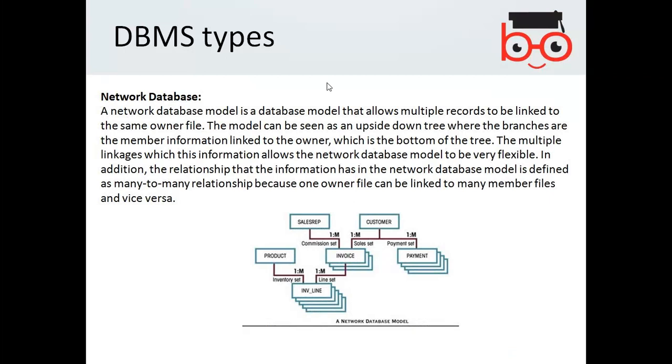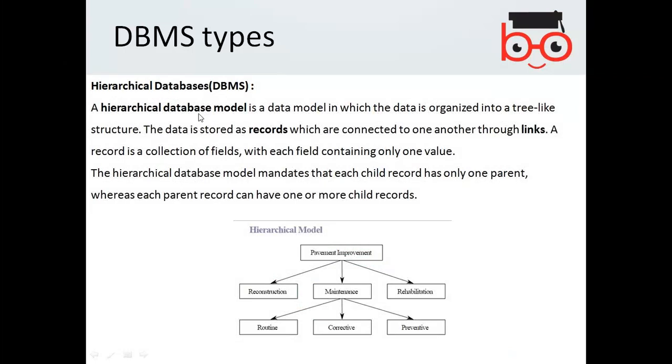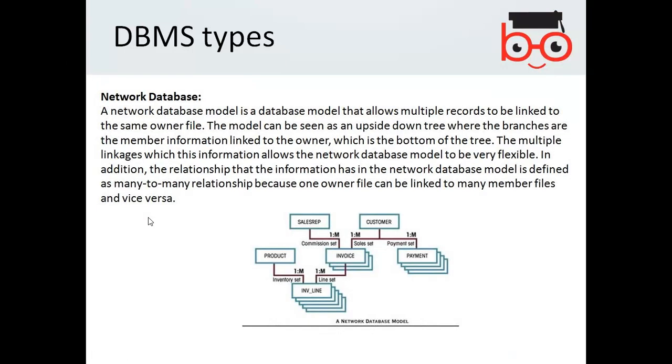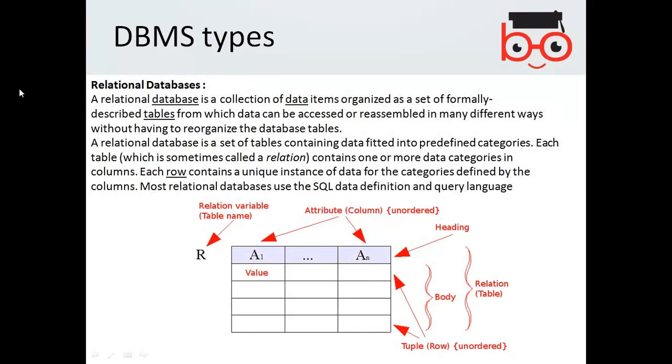For example, you could do a masters or PhD in hierarchical databases, network databases, or object-oriented databases, or take a particular course in object-oriented databases. So we will only go into detail for the relational databases.